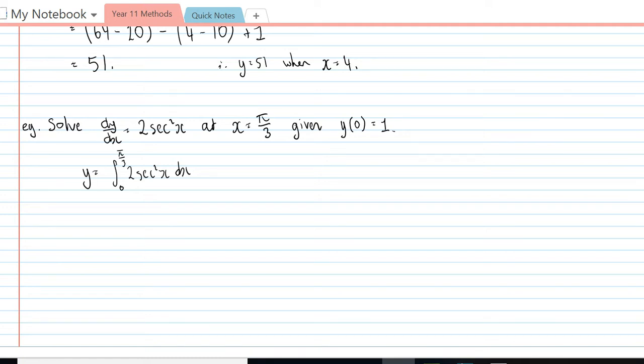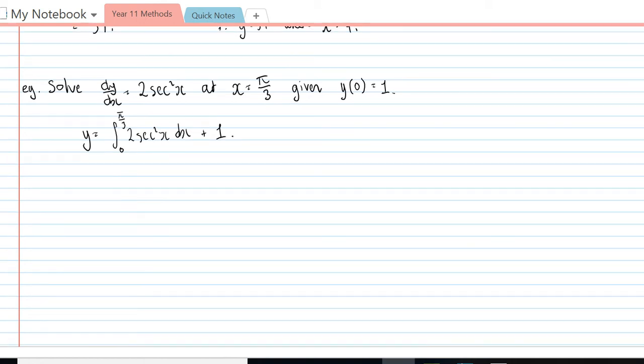And then I have to have plus that initial y condition, which in this case is just going to be 1. So y equals the antiderivative of 2 sec squared x, which is 2 tan x, between 0 and pi on 3, and we've still got a plus 1 there.